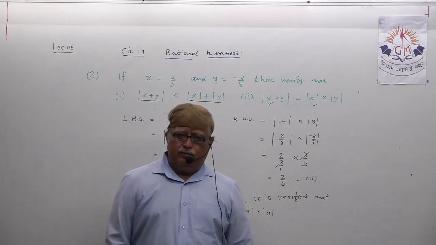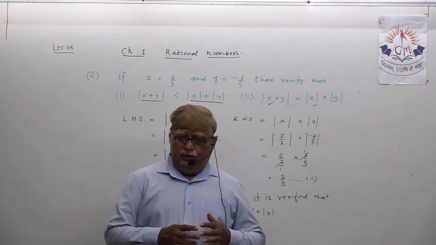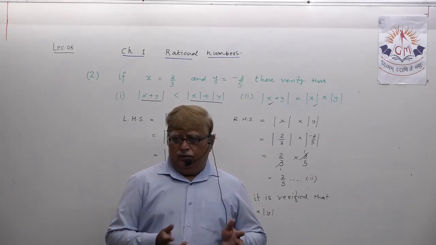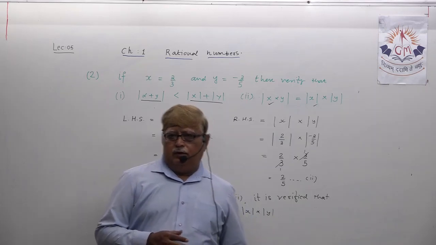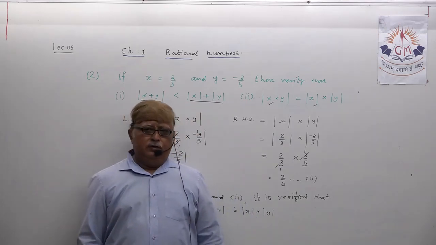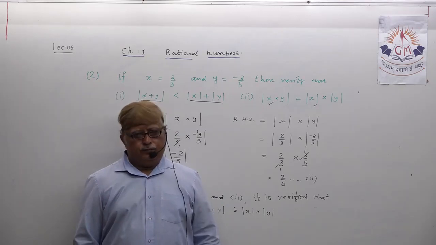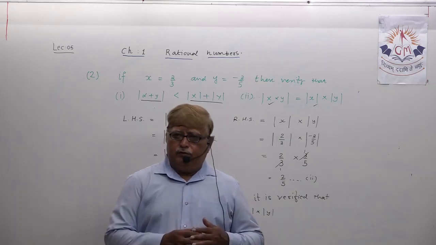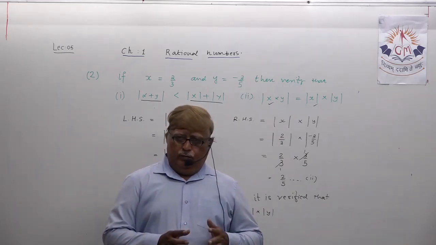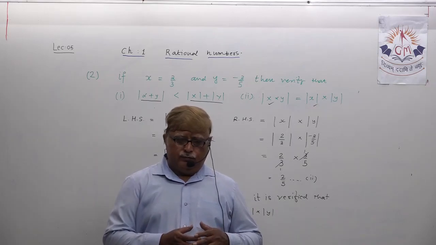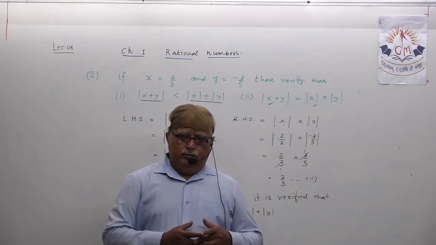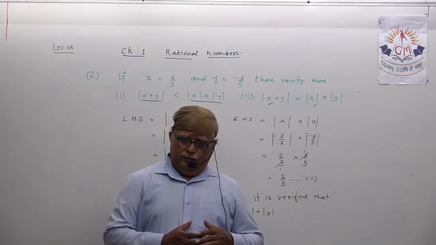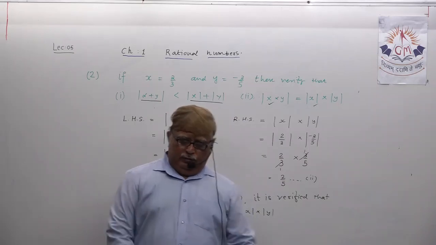Actually, examples may be asked to verify these properties. Ultimately, it involved multiplication and addition, but it involved one another factor of rational numbers, that is absolute value. Understood? So you have to be very conscious regarding these two properties which we have proved. In the exam, you may be asked such an example to prove properties of rational numbers.